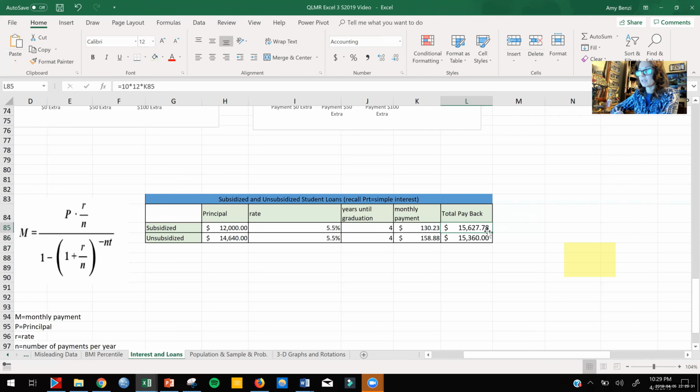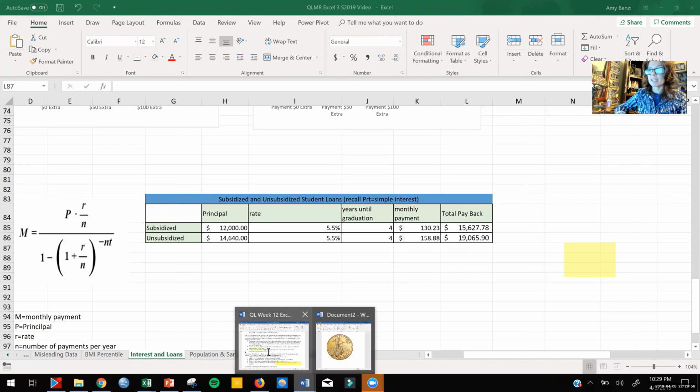And then I did the same thing for this one: 10 years times 12 months in a year, times the amount of the monthly payment. So I'm actually paying back over $3,000 more by getting the unsubsidized loan. So watch those loans, you guys. Make sure you know what you're doing when you take out a loan.